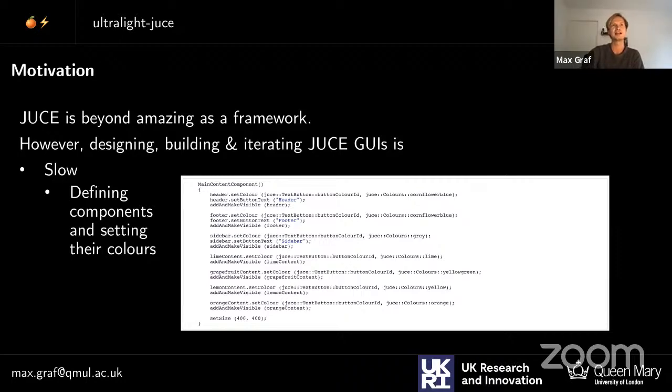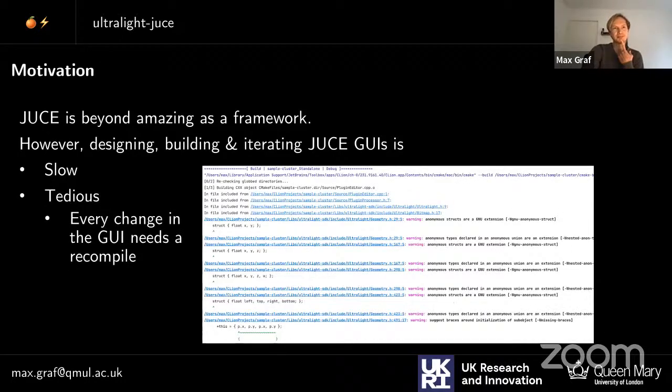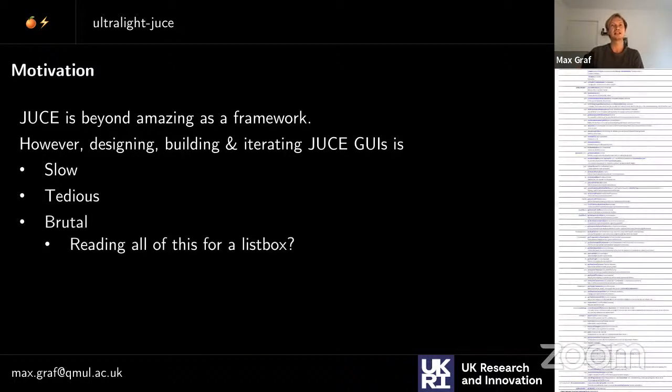It is tedious. Every time you change something in the GUI, you need to reload the entire application or recompile the application, which if you are a person like me and you make loads of changes in your user interface to try out different things, amounts to a lot of waiting time. It is brutal.